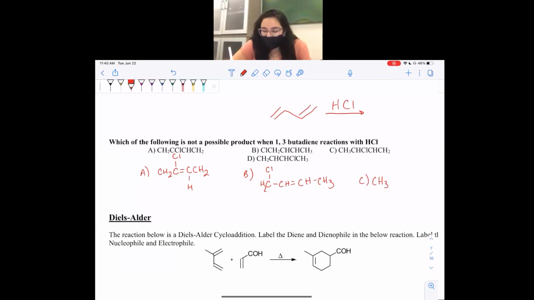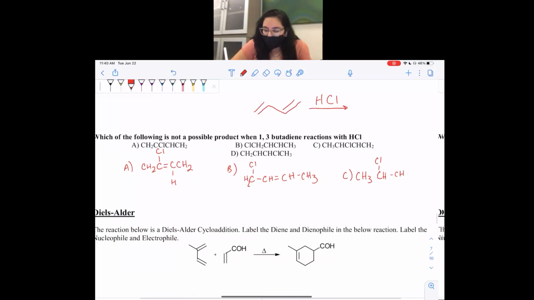CH3, I've already started, so I'm just going to go ahead and finish. All right, so while I'm drawing this last one out, which one do you think is going to not be a possible reaction?